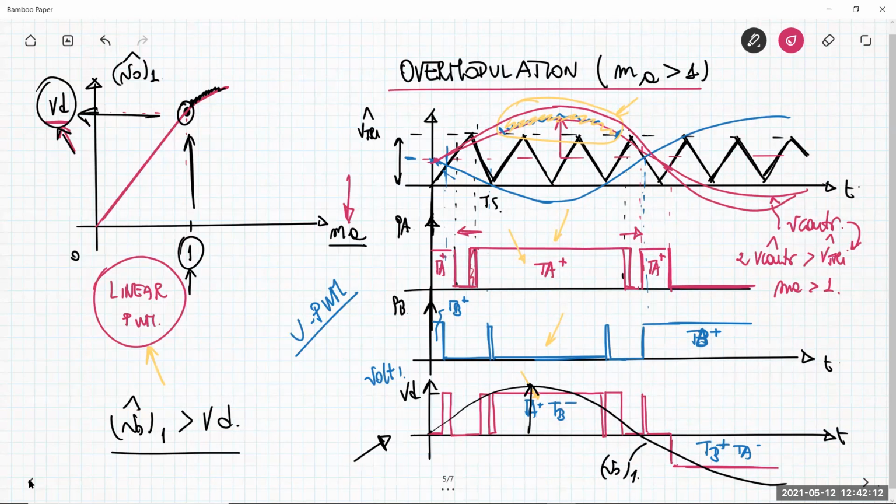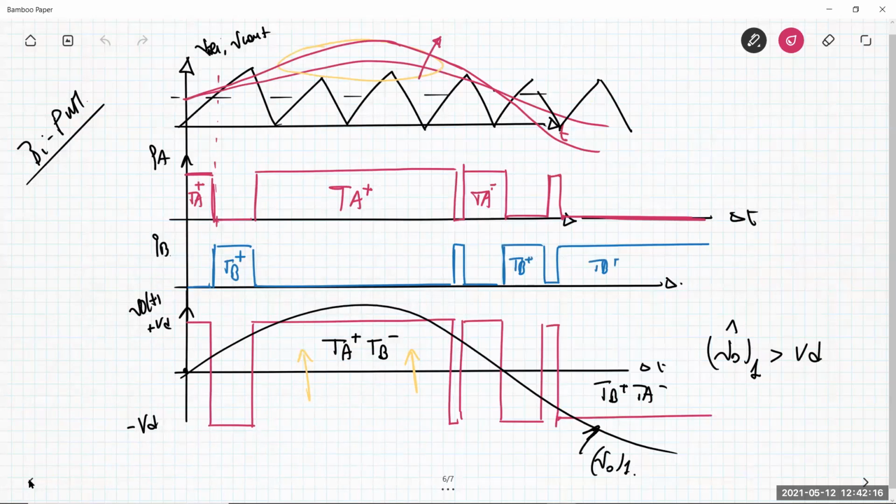Okay, you add this part here. The same happens for the bipolar one. If you increase, the part in which you lose the possibility to have a modulation of the pulse width is enlarging. This part is enlarging.